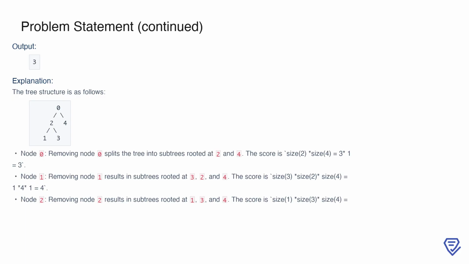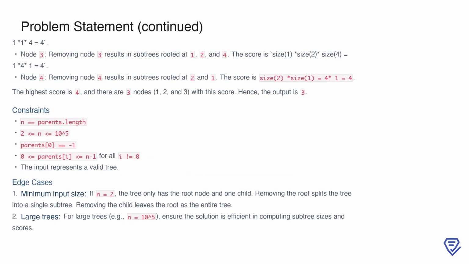Just as before, we calculate the score for each node when it is removed and identify how many nodes achieve the highest score. Continuing with the example, for node 0, removing it splits the tree into subtrees rooted at 2 and 4. The sizes are 3 and 1, so the score is 3*1 equals 3. For node 1, removing it results in subtrees rooted at 3, 2, and 4.